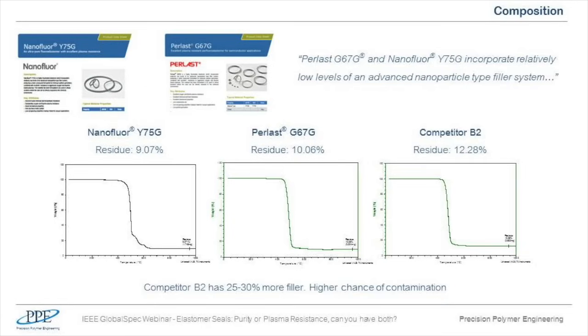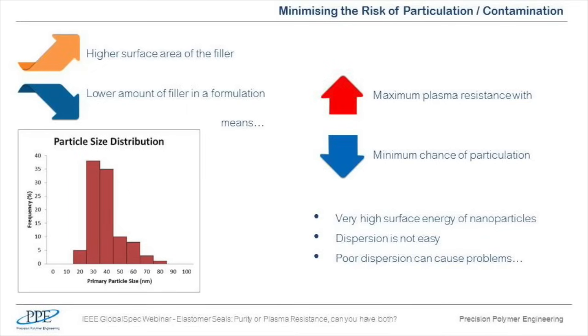Okay, now you may ask, if there is less filler in our materials, how come the plasma resistance of these materials is better? I already answered this earlier in the presentation, but I'll go through it again. The filler particles protect the polymer matrix from the plasma attack, so they behave like a shield.